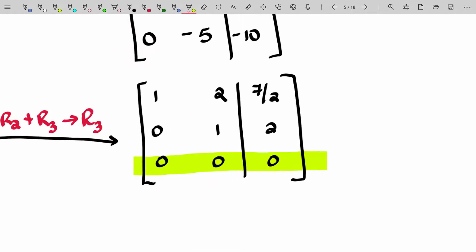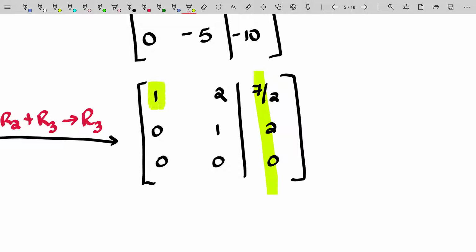So please let go of the need to think that a row of zeros implies an infinite number of solutions. That's actually not true. What implies an infinite number of solutions by theorem is if, one, you don't have a pivot in the rightmost column, which we don't, and two, if we had any free variables, then we'd have a consistent system with a free variable, which means we'd have an infinite number of solutions.